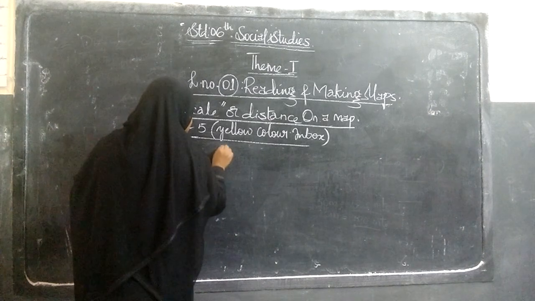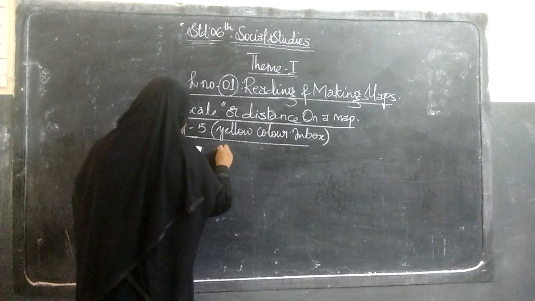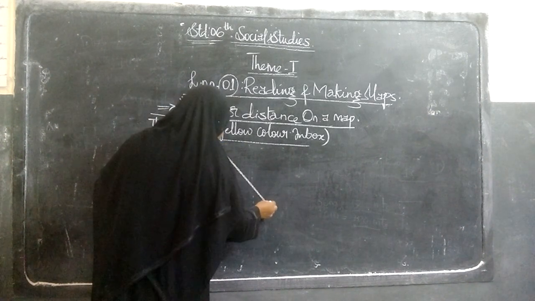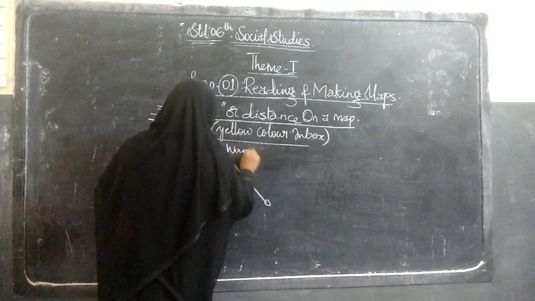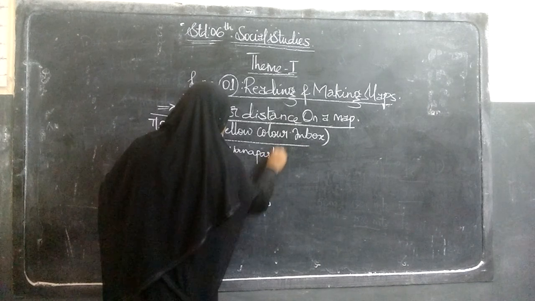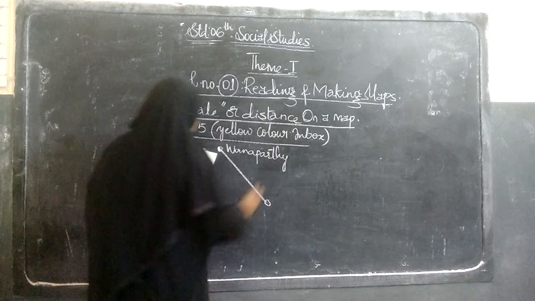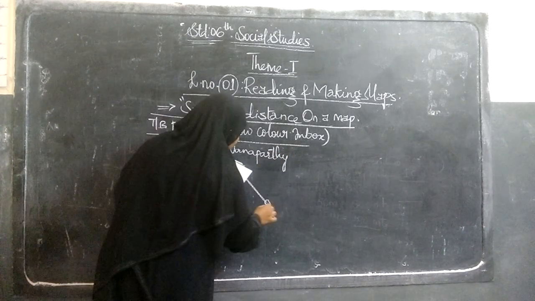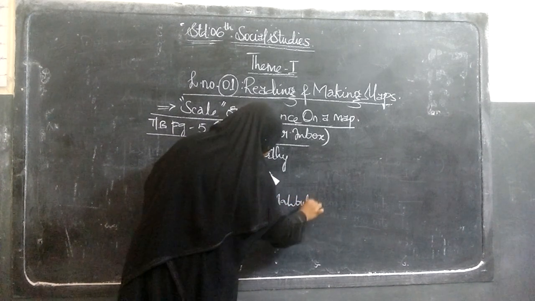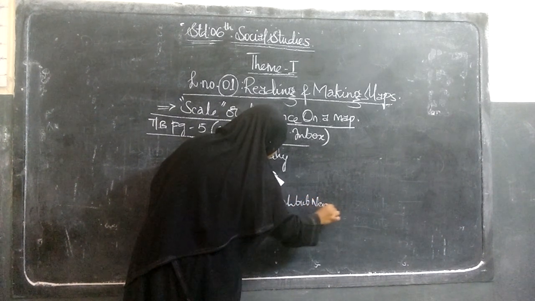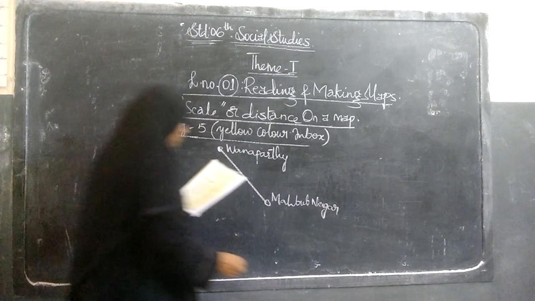Here this is about one place and they have given this arrow mark. Here it is one place. This is about Vanapati. Next is Mehboob. These are the place names.